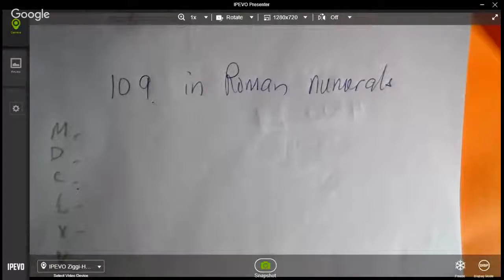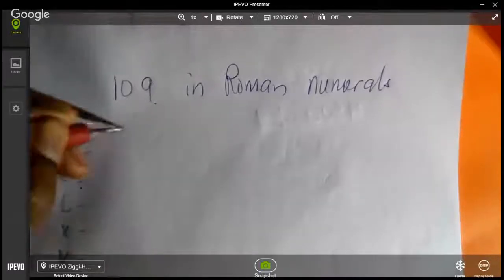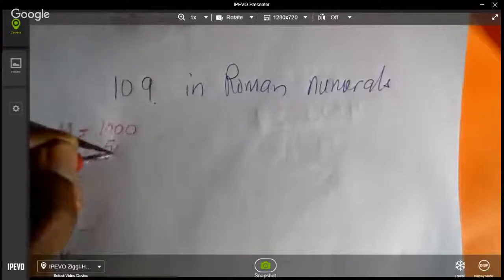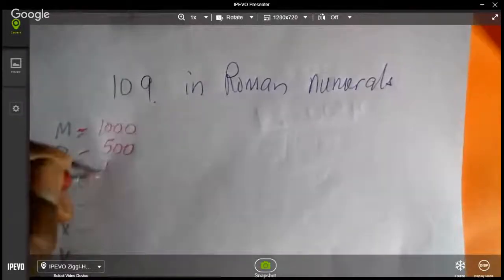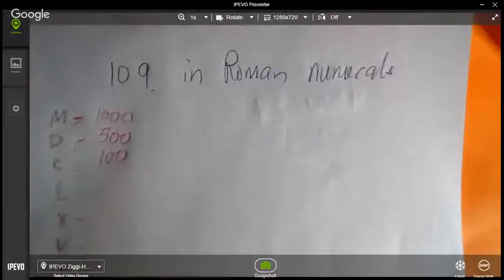The M stands for 1,000. The D is 500. The C is 100. The L? 50.